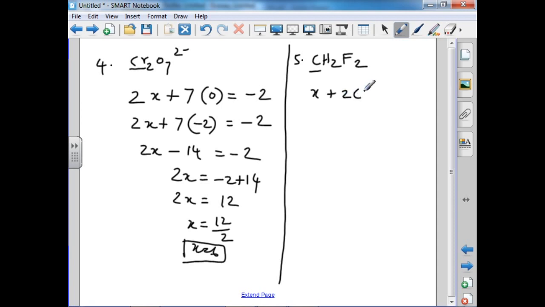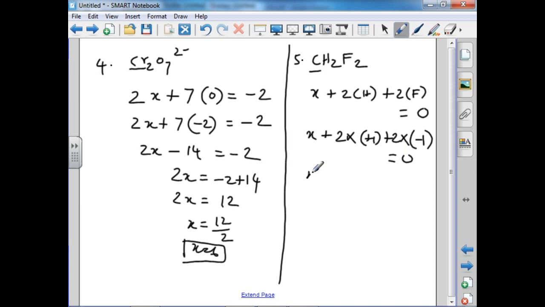Then 2 atoms of hydrogen plus 2 atoms of fluorine, that is a neutral molecule, so equal to 0. So X plus 2 into, what is the oxidation number of hydrogen? Plus 1, plus 2 into fluorine, what is the oxidation number of fluorine? -1, equal to 0. So X plus 2 minus 2 equal to 0.